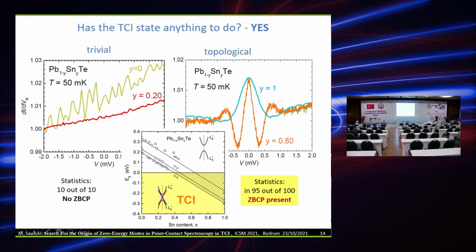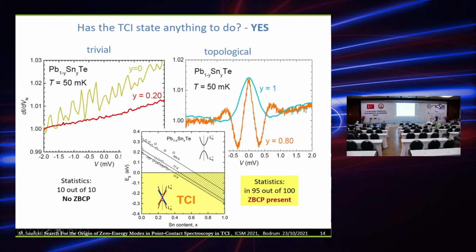So how about these features? Are they ubiquitous, or maybe there are some limits? And in fact, yes, there are. We didn't find any structure like this when we made contact to a material in the trivial phase. The system had to be in the topological phase, and then we were able to see these things. So our statistics are the following.